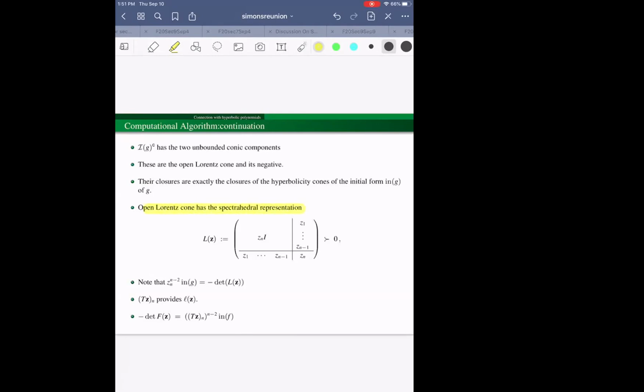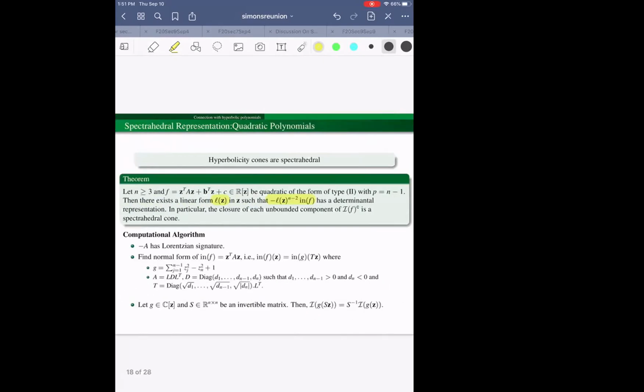Note that the initial form of G, which is the normal form of F, can be obtained from F using the standard reduction formula, like this.